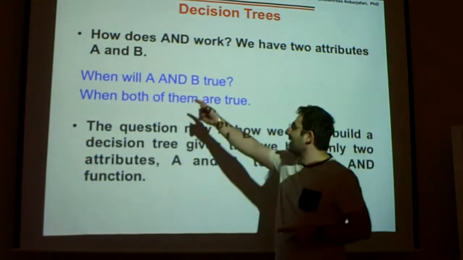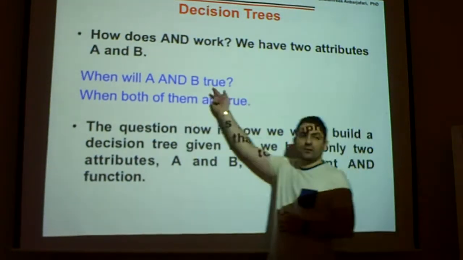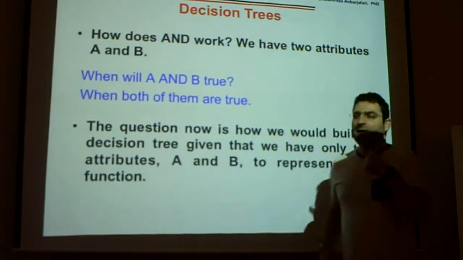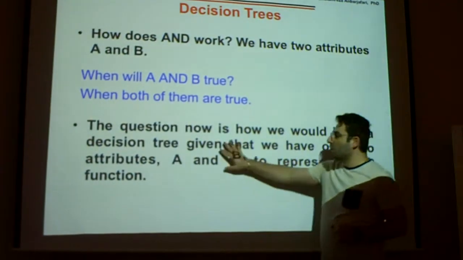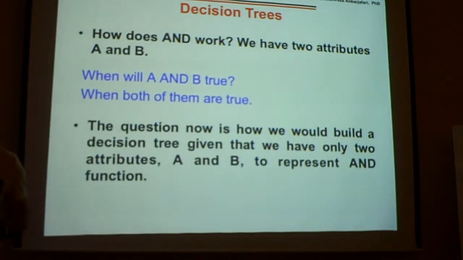When will A and B be true? When both of them are true, we get the result true. So the question is how we can do this using a decision tree. Our aim is to use a decision tree to represent A and B.